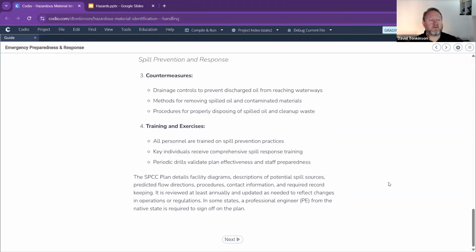So training and exercises are important. You must all be trained basically to deal with the hazardous materials in the environment that you work in. When I worked at IMART as a data center trainer, we went through NOC level 1, NOC level 2, NOC level 3, and what they are expected to do. We would simply have tick boxes. Has that person received the training for this particular item? Should they be receiving the training?